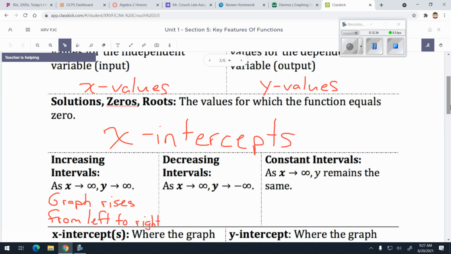I'll explain what that means in a few minutes. Decreasing interval means that the graph falls from left to right. Constant interval means that you have a horizontal line.